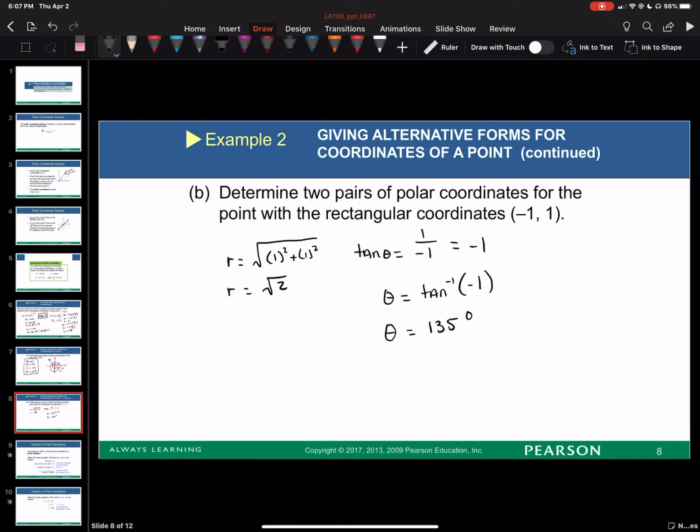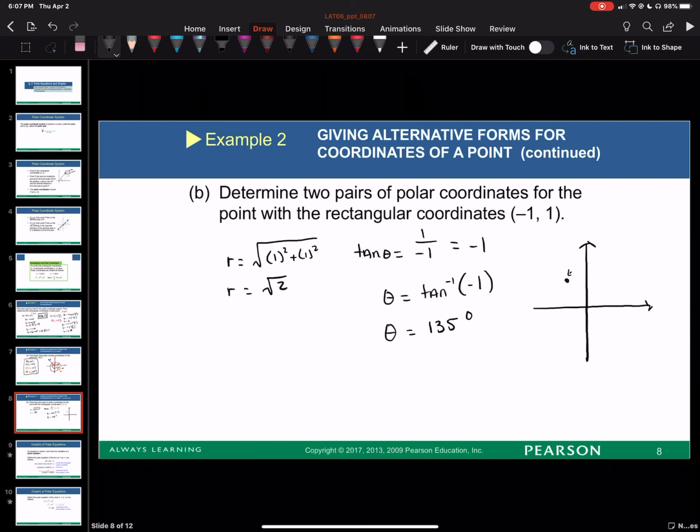So let's look at something. It says find 2 pairs, right? So if we look at this, we can look at this from a couple ways. Let's say we have point -1, 1.